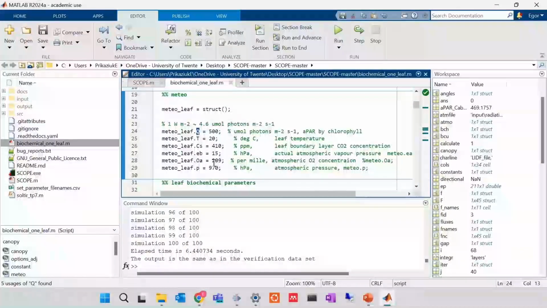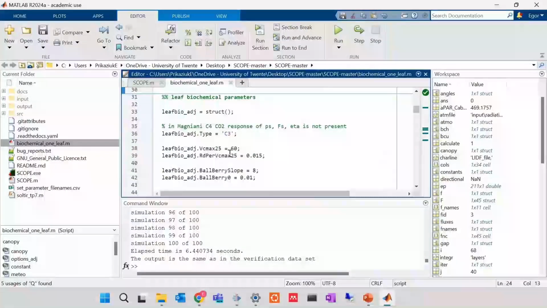This is absorbed by chlorophyll, so photosynthetically active radiation absorbed by chlorophyll in micromoles of photons units. Normally this is provided by the Fluspect model and RTMo, of course. Cs is the boundary layer CO2 concentration and the boundary layer humidity as well.